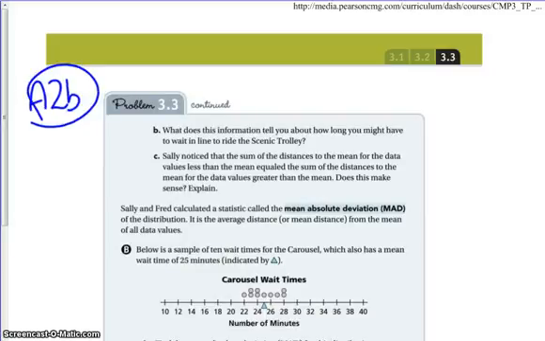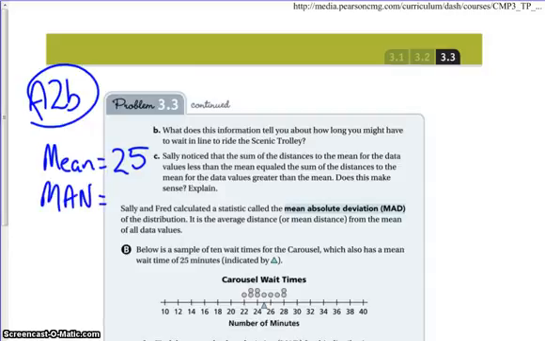Question A to B asks, what does this information tell you about how long you might have to wait in line to ride the scenic trolley? Well, since the mean time is 25 minutes, and my mean absolute deviation, my MAD, is 7.4 minutes, then that tells me exactly what I just summarized on the other page, that I'm going to have an average wait time of anywhere from 17 to about 32 minutes.